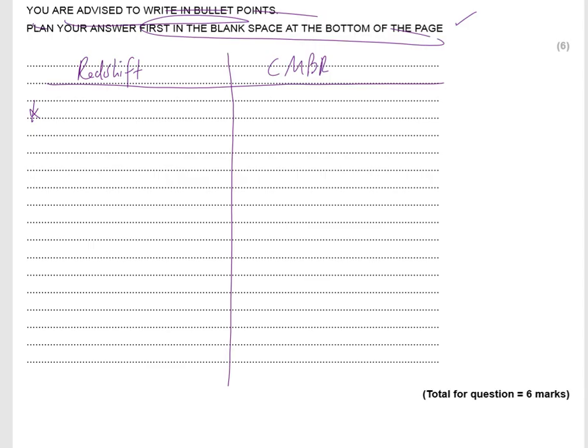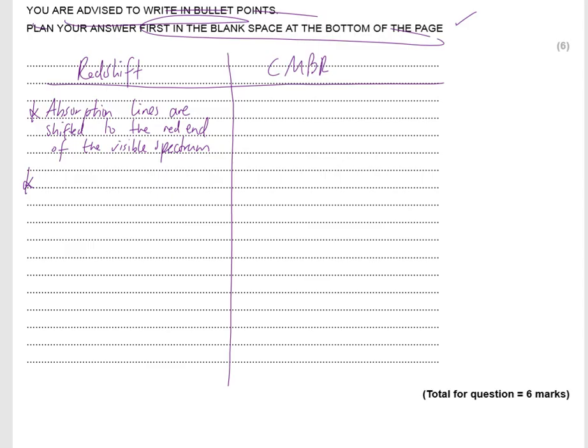Redshift is pretty much the absorption lines shifted to the red end of the visible spectrum. That's one. Now, what does it mean when it's shifted to the red end of the spectrum?